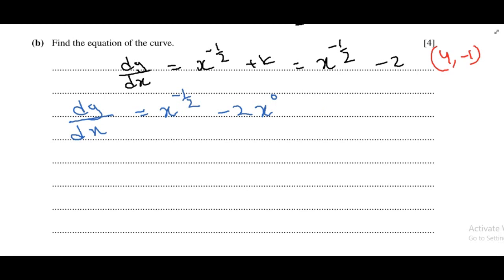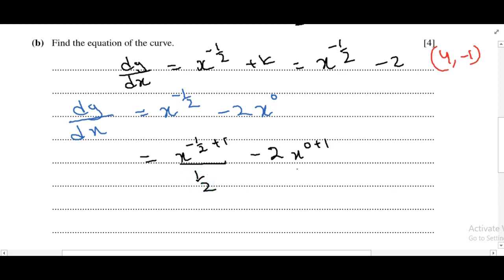Now, what was the rule of integration? Add 1 to the power and then divide by the sum. So it becomes x to the power of negative half plus 1, minus 2x to the power of 0 plus 1. Obviously this would be divided by negative half plus 1, which is 1/2, and the second term divided by 1, plus c, the constant of integration.